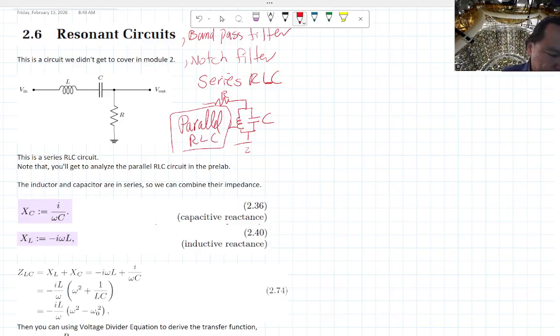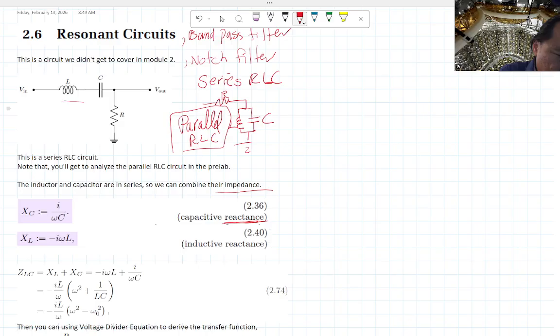Okay. So to analyze this circuit, we're going to use impedance, or what the book calls capacitive reactance. I'm just going to use the word impedance. The impedance of a capacitor is i over omega C. The impedance of an inductor is negative i omega L, which is what we found in the previous section.